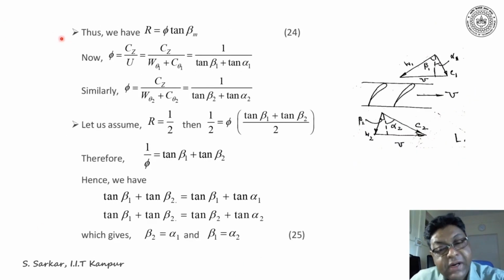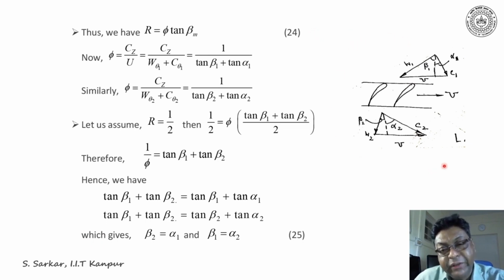Thus, we have R equal to phi into tan beta m, equation number 24, where R is the degree of reaction, phi is the flow coefficient, and beta m is the vectorial mean angle. Equation 24 gives the degree of reaction of a stage when the flow is considered as incompressible and isentropic.